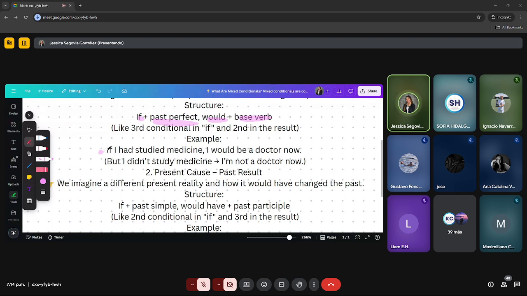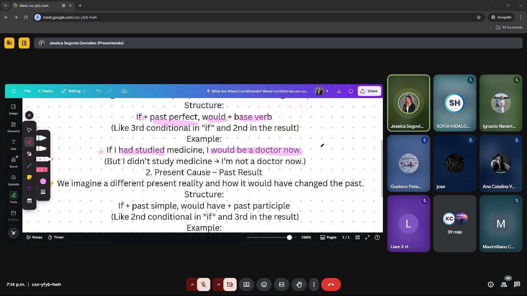And here we see the first example, like I was mentioning below. If I had studied medicine, I would be a doctor now. This is the structure for past perfect, and the verb is studied. This is a past situation. This is something that did not happen, that could have been different, but it really wasn't. And this is the present result.